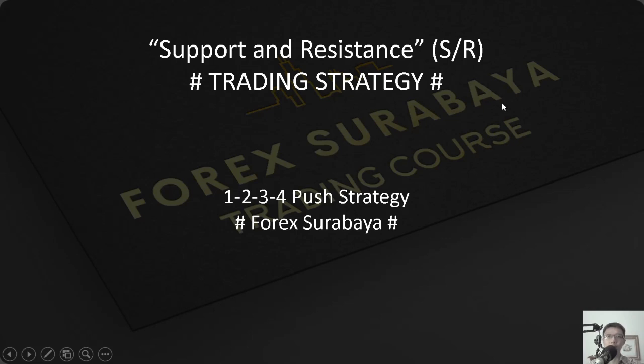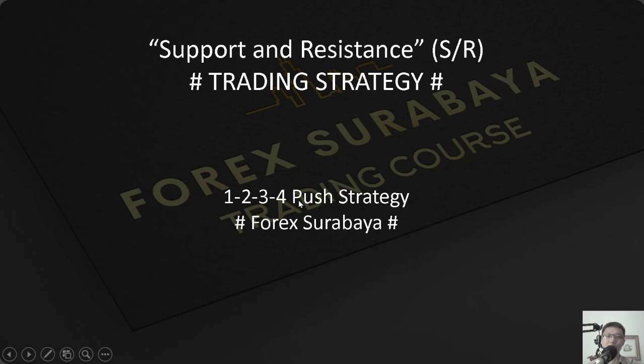Okay, the next trading strategy, we call this the support and resistance trading strategy. We call it the 1, 2, 3, 4 push strategy by Forex Surabaya. What is the 1, 2, 3, 4 push strategy? This is very exciting, and you have to be aware of it when you trade by yourself, because this is a very powerful strategy.